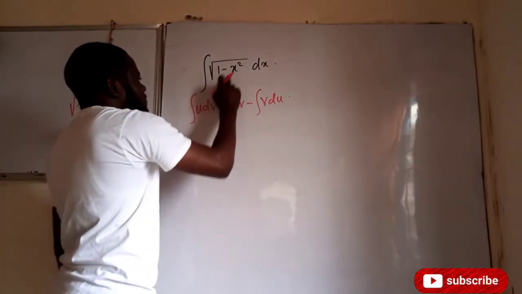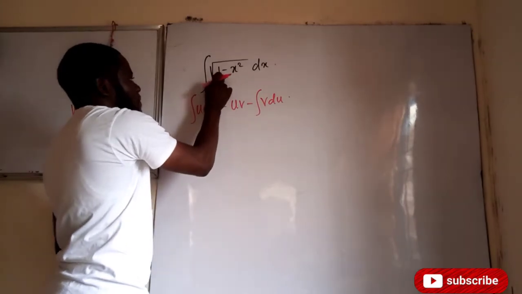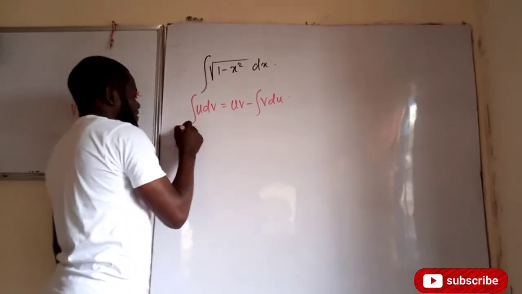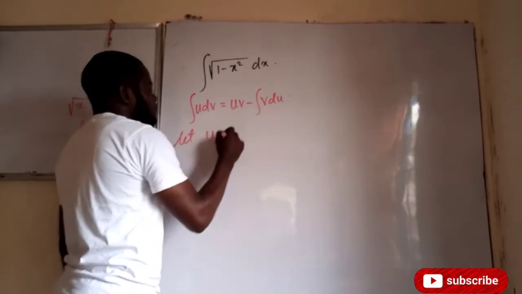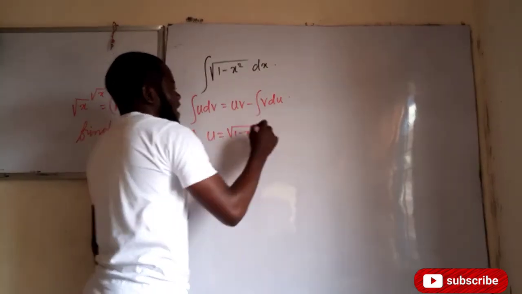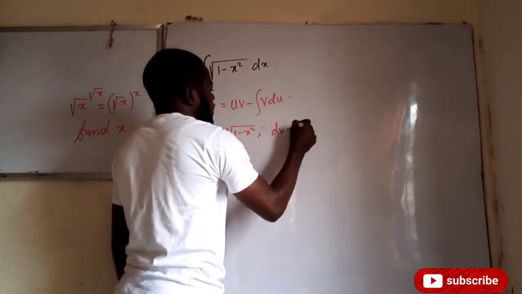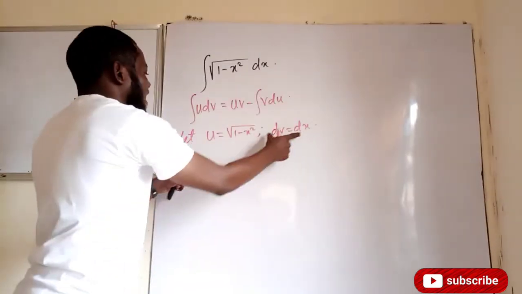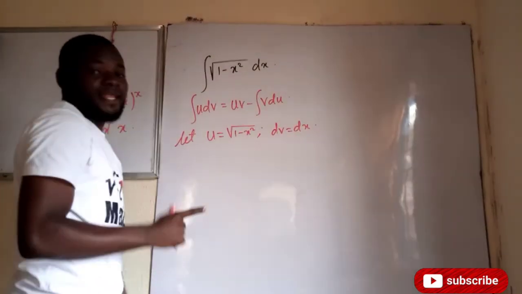Okay, let's go. I cannot let my dv be what? The square root of 1 minus x squared, because that's what we want to integrate. Hence, I'll say let my u equal the square root of 1 minus x squared, like this, and my dv will equal what? Dx. Isn't it? If I multiply these two together, I will have this back, like that.